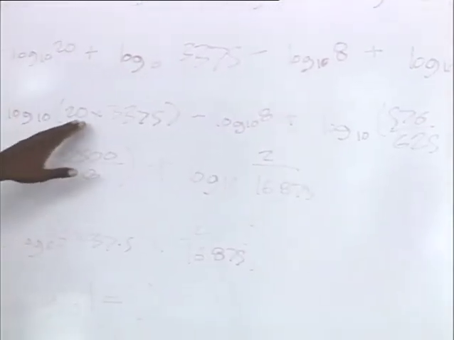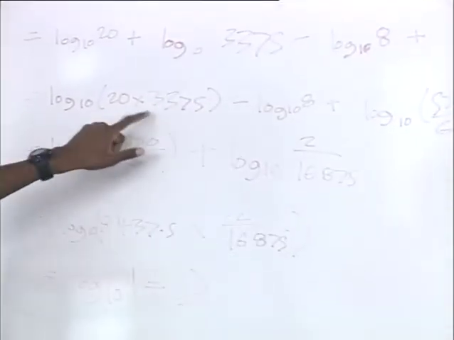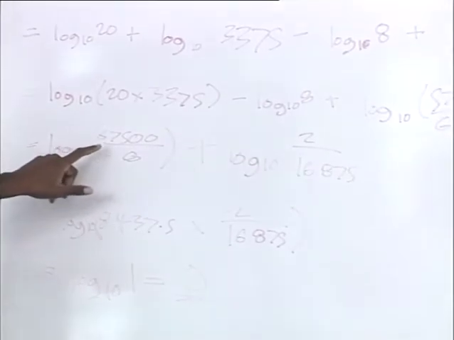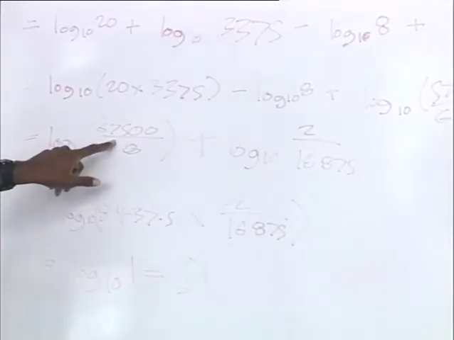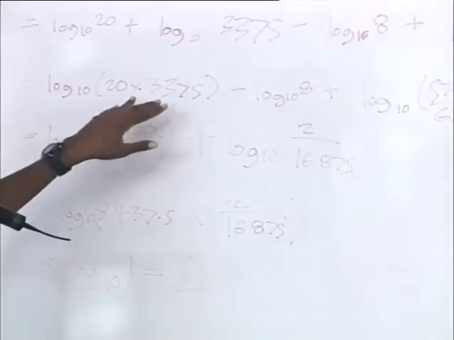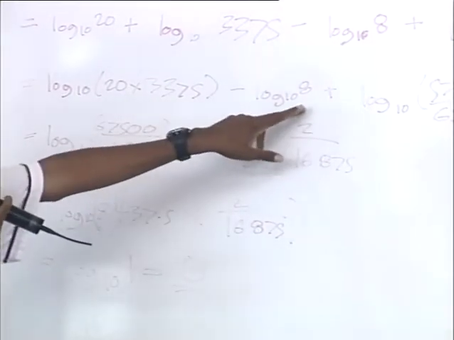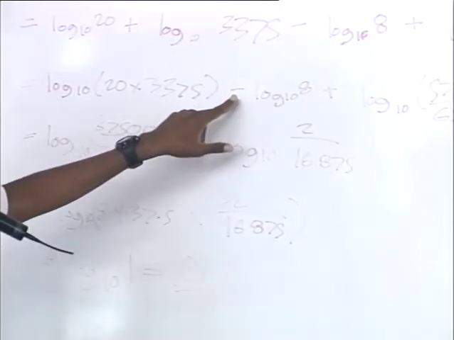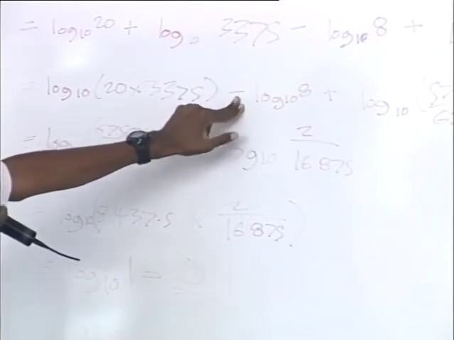Therefore, I got 20 times 3,375, which was 67,500. I divided this by 8 because there was a multiplication, subtraction sign.